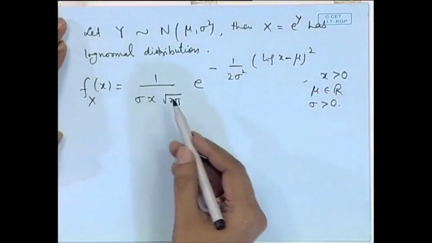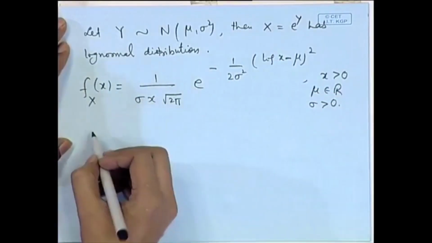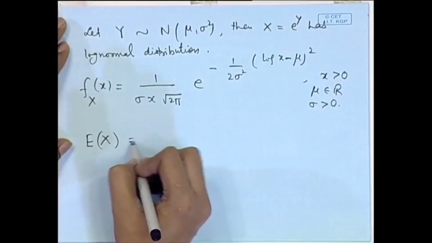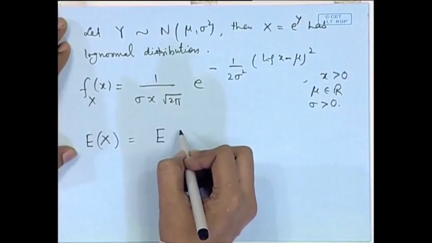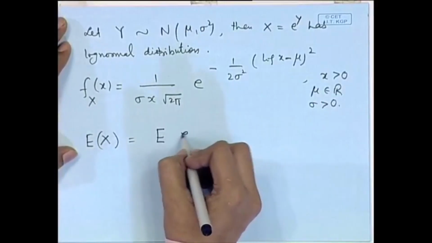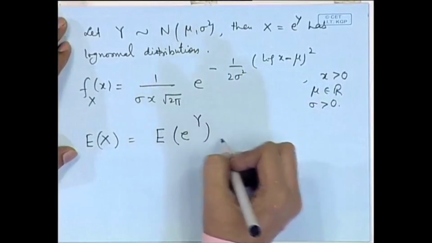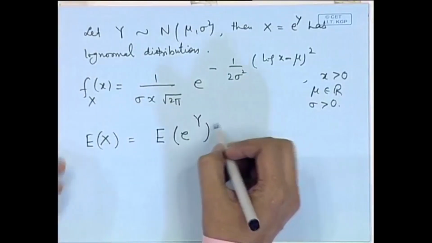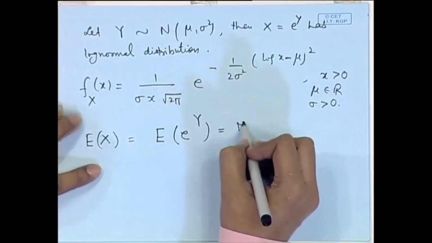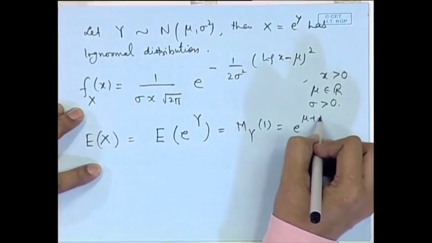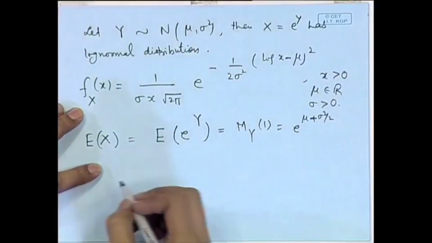The moments of the log normal distribution are obviously in the form of the moment generating function of Y. The expectation of X is the moment generating function of Y at 1, that is e to the power mu plus sigma square by 2.